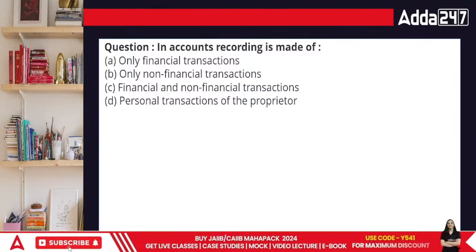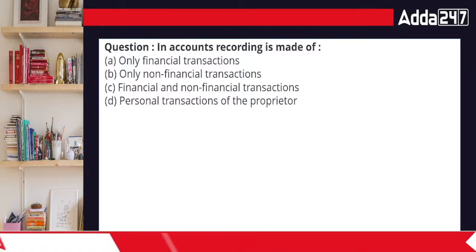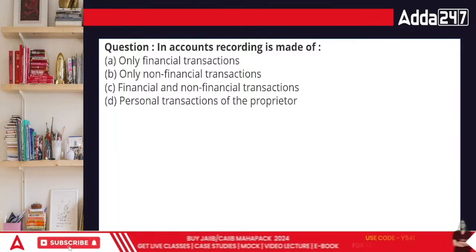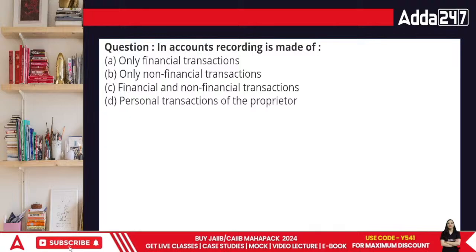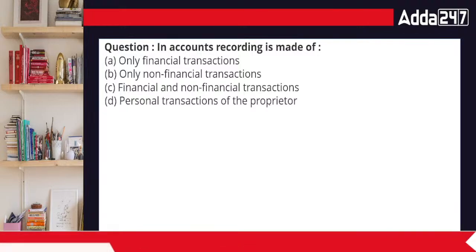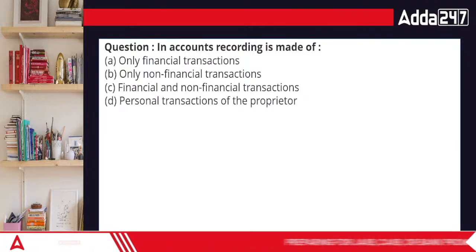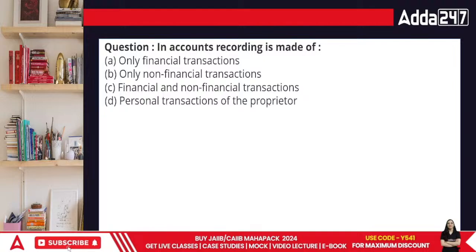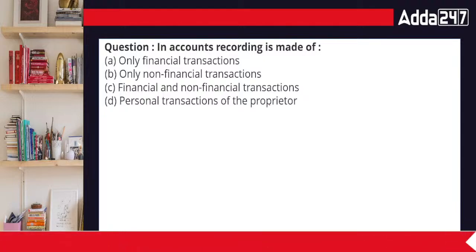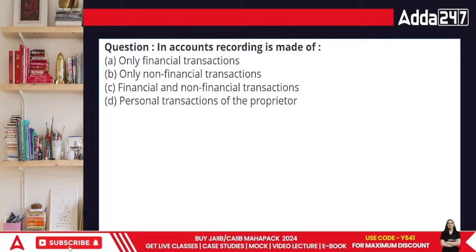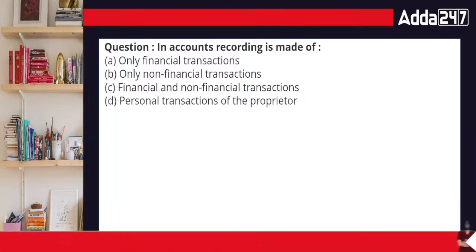Done? Okay, here comes the next point. In accounts, recording is made of only the financial transactions, or only the non-financial transactions, or both financial and non-financial transactions, or personal transactions of the proprietor.